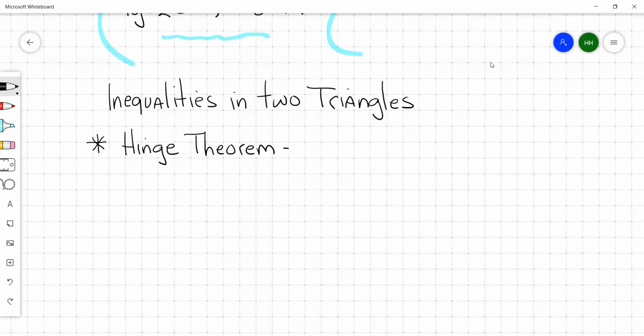And what the Hinge theorem says is that if two sides of one triangle are congruent, here's your symbol for congruent.